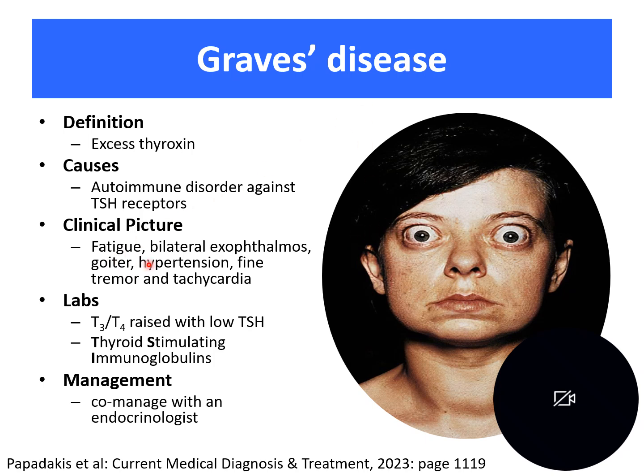Diffuse goiter. There's going to be hypertension, and the hypertension is because increased thyroxine is going to cause your heart rate to increase. And remember that formula that we did years ago? You did it at some time. Blood pressure is the product of stroke volume times heart rate times peripheral resistance.